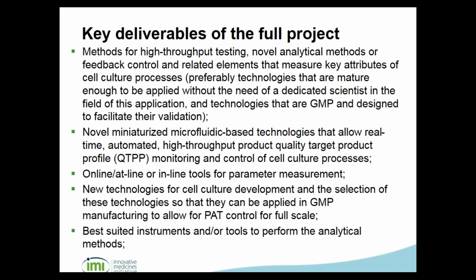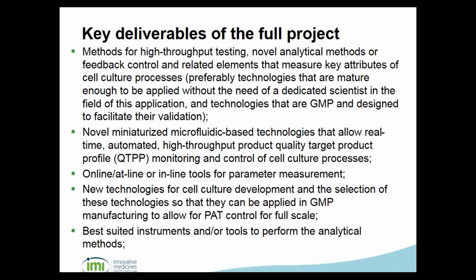So some of the key deliverables, this is a list, it's not limited, so that means that it's open. If you could come up with new ones, it's even better. But we were thinking about high throughput testing, novel analytical methods, feedback control, measurements or testing that measure key attributes of the cell culture processes.